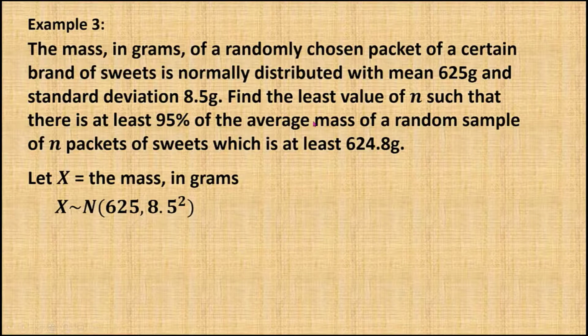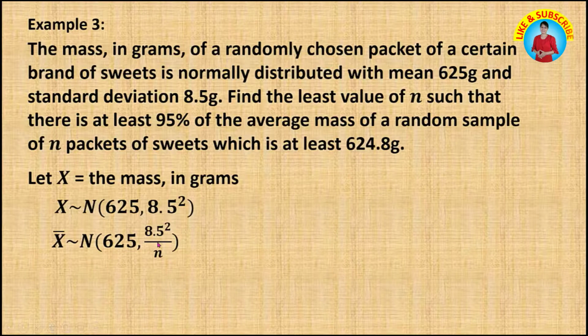Since x is normally distributed, the distribution for bar x is also normal, and the mean is the same as x, that is 625, but the variance is the variance of x, 8.5 squared, divided by the sample size. But now we do not know the sample size, so we leave it in terms of n.